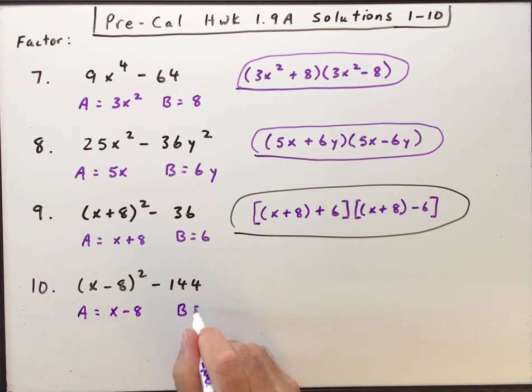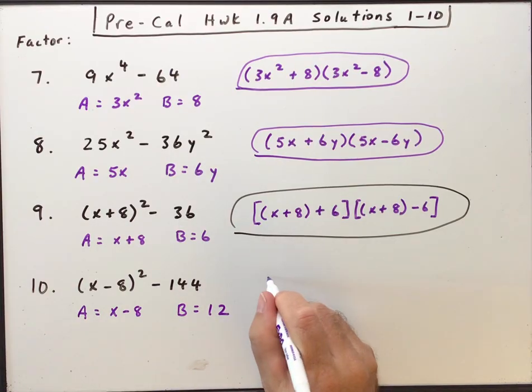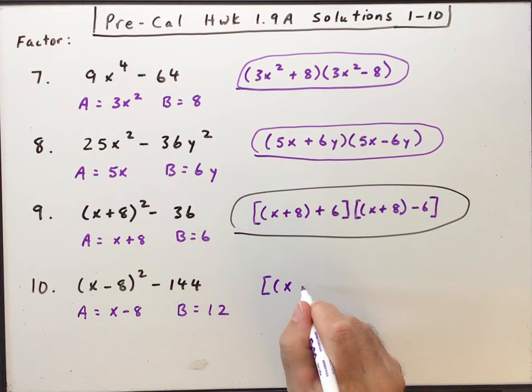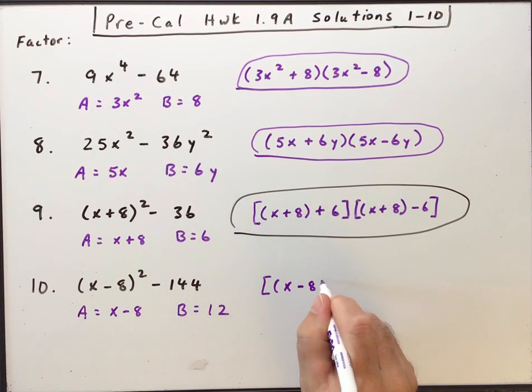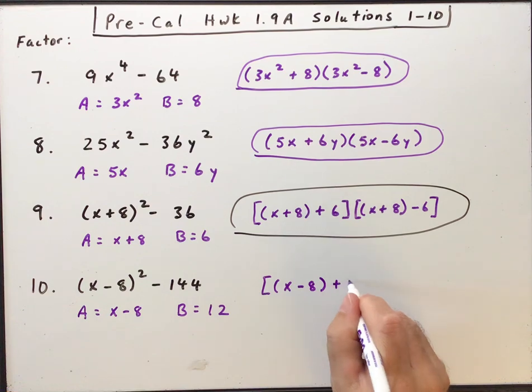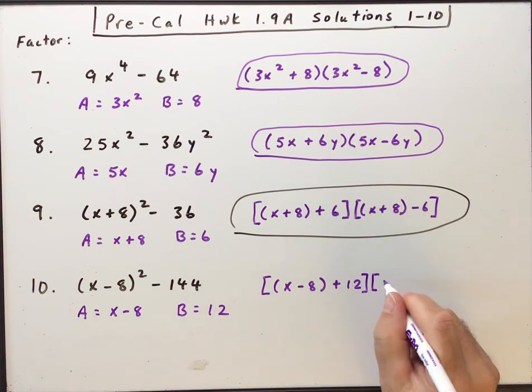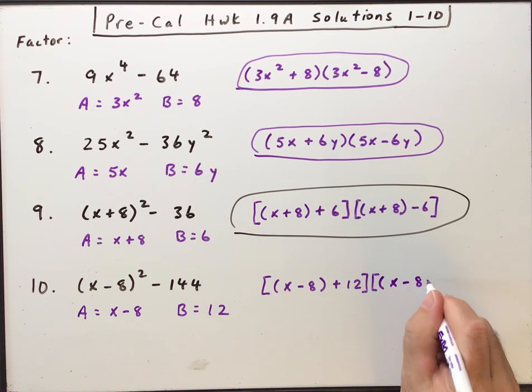And then what's the square root of 144? That would be 12. So this would factor into quantity x minus 8 plus 12, and then that bracket times quantity x minus 8 minus 12.